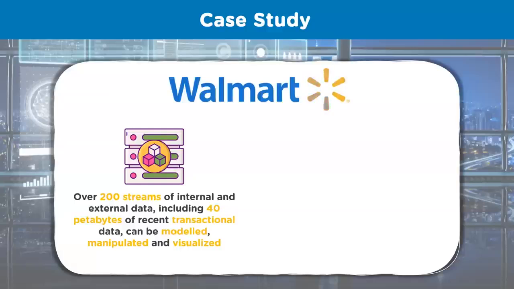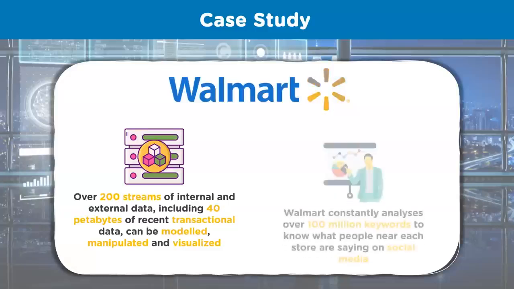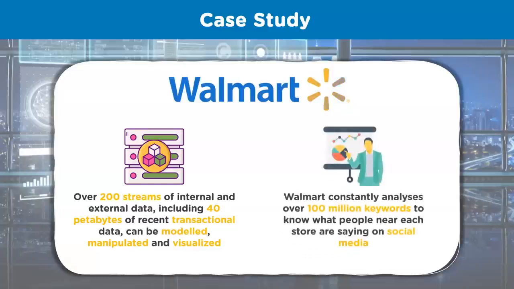Teams from any part of the business are invited to bring their problems to the analytics experts and then see a solution appear before their eyes on the Nerve Center's touchscreen smartboards. Walmart also constantly analyzes over 100 million keywords to know what people near each store are saying on social media to understand the customer behavior on what they like and dislike.